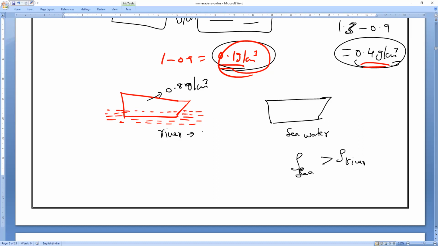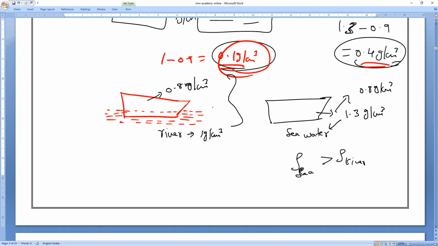River water, normal water, I will take as 1 gram per cubic centimeter. Seawater is 1.3 gram per cubic centimeter. And the boat density is 0.8 gram per cubic centimeter.